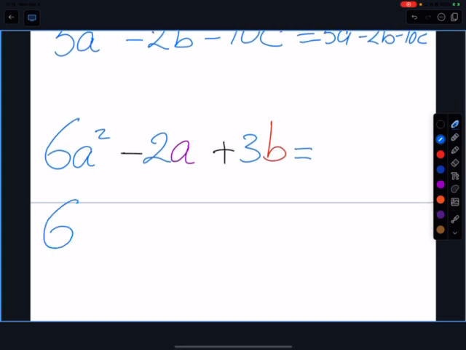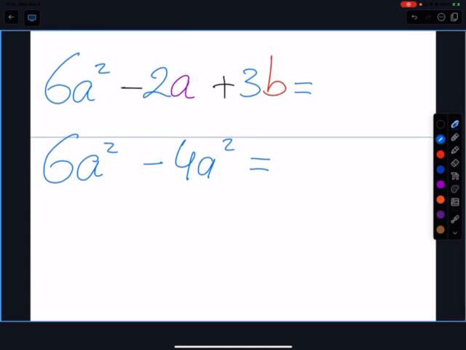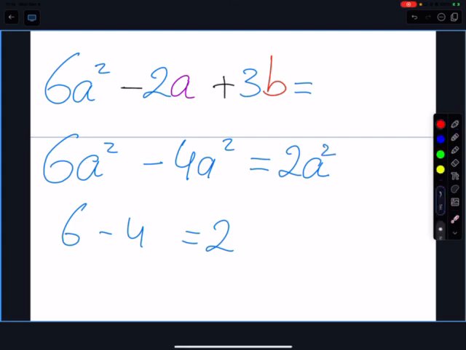All right. Next one with the same topic. 6a squared subtract 4a squared. You do not subtract these. It's the same as saying 6 minus 4. Your answer is 2. So 6a squared minus 4a squared is 2a squared. It doesn't remove.